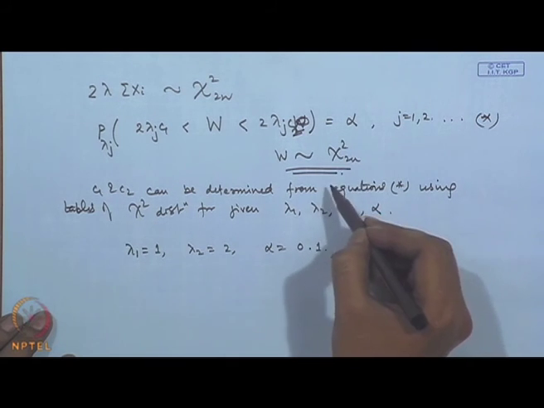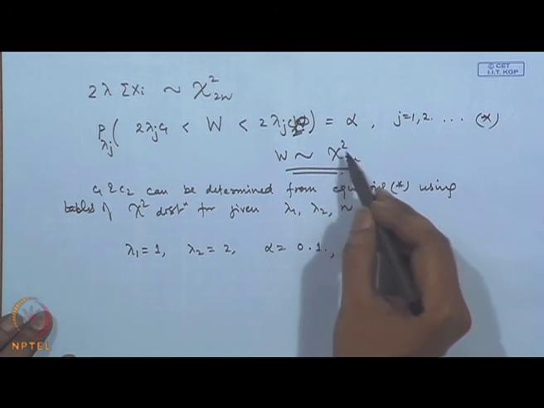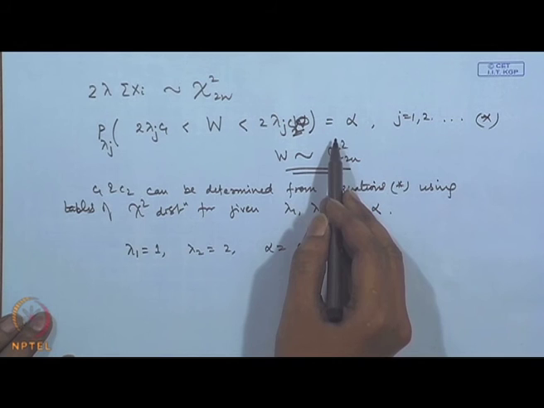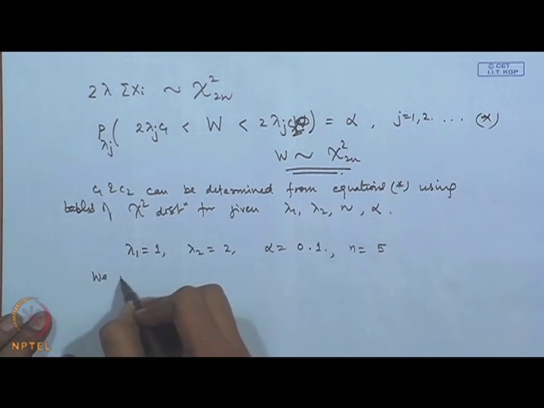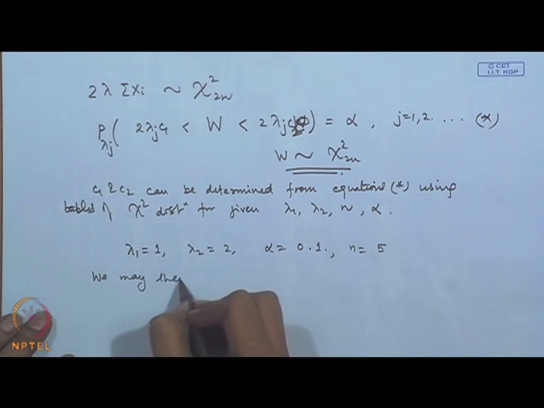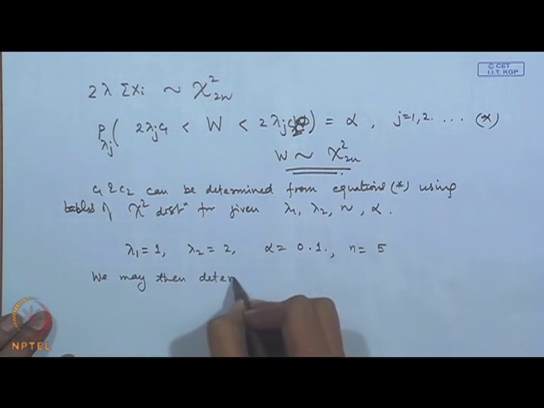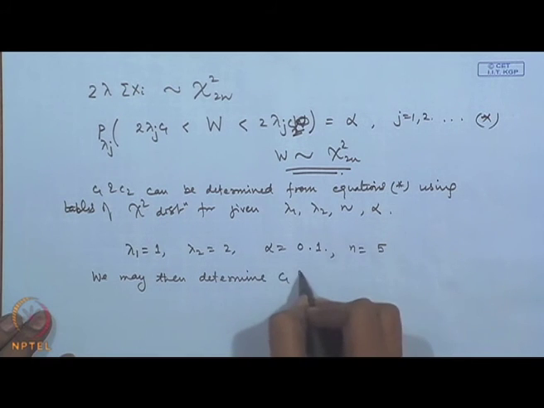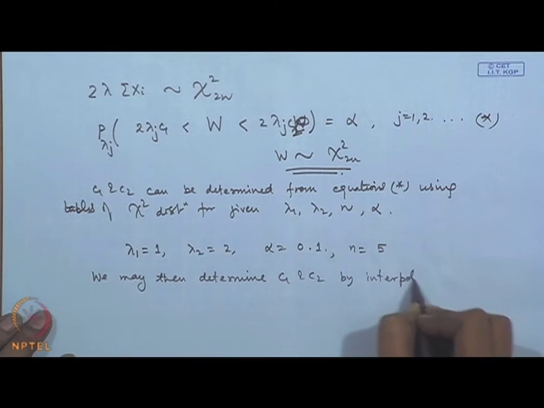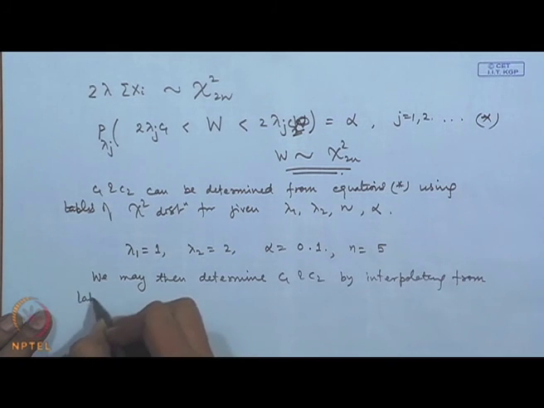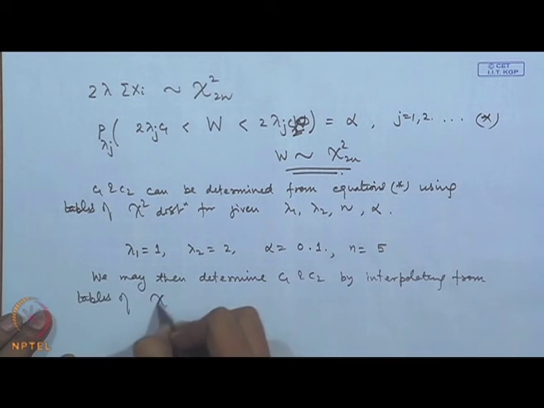Then you need to look at the tables of chi-square on 10 degrees of freedom, and you can determine these conditions here. We may then determine C1 and C2 by interpolating from tables of chi-square distribution on 10 degrees of freedom.